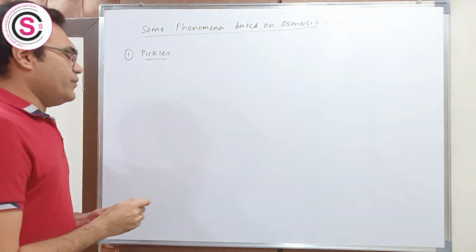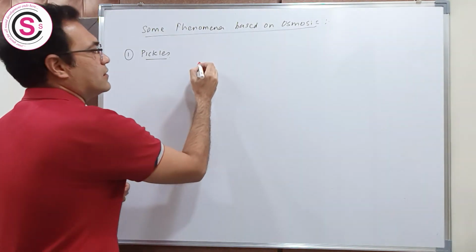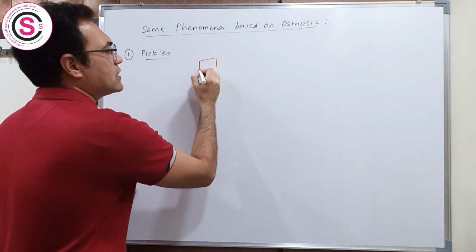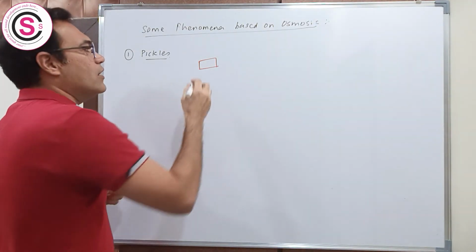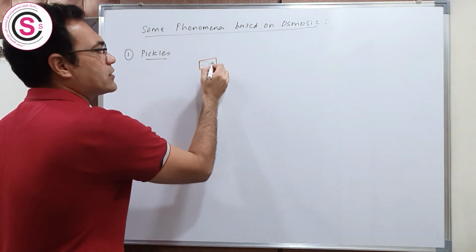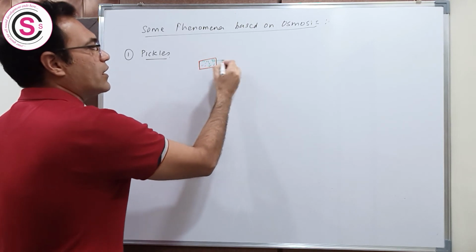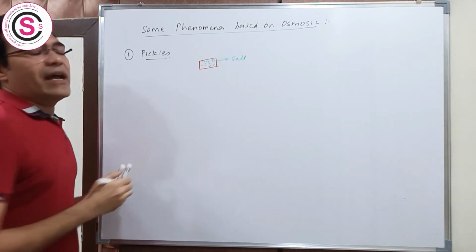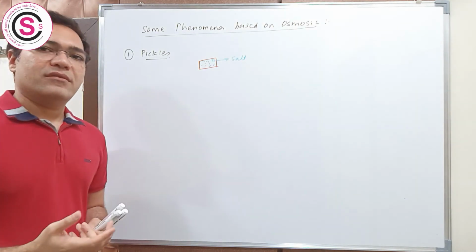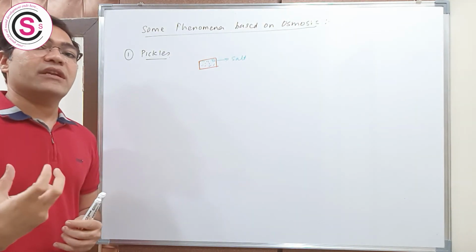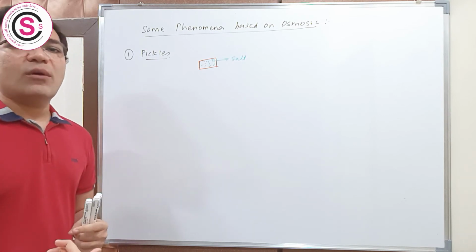What they do is take raw mango, suppose this is a piece of raw mango, and they apply salt on it. As a result, you might have seen that the mango loses water, and finally it shrivels into a pickle.